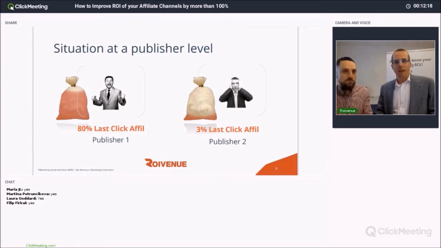So we looked at how much they bring in last click, and how much is the total volume that they claim through the affiliate, and we found huge differences. There have been publishers which have around 80% in the last click, which is great for those content pages, and this is something you are happy to see. And there have been publishers which bring you 3% in the last click, and basically that 97% is somewhere else, and you pay them once more.